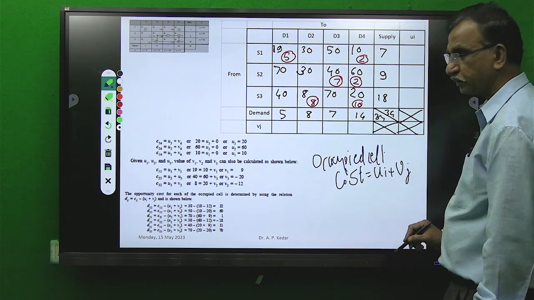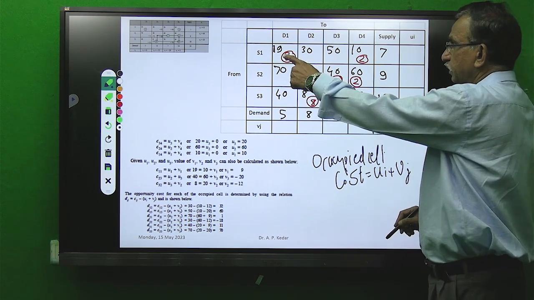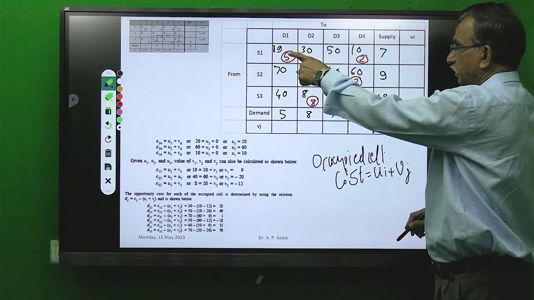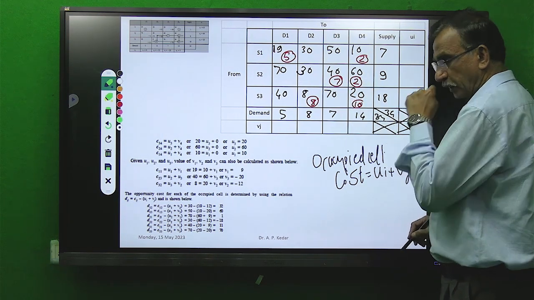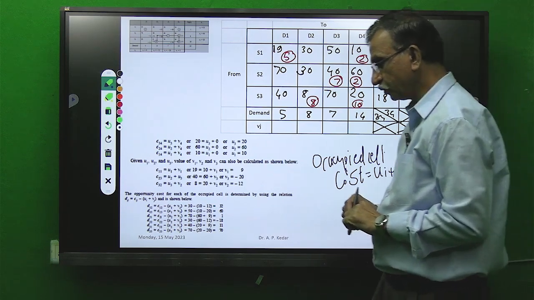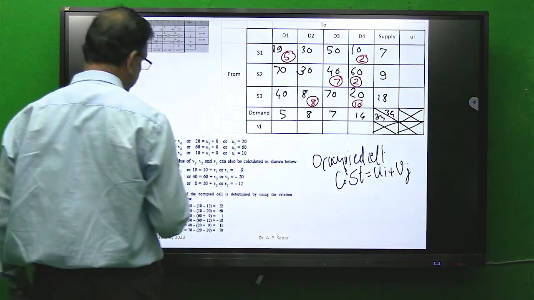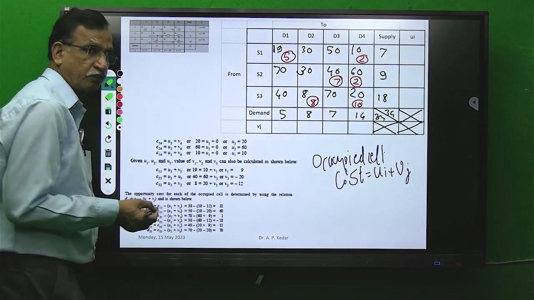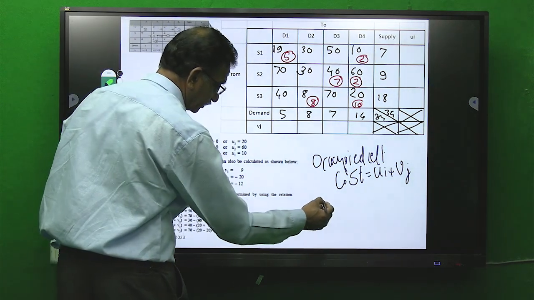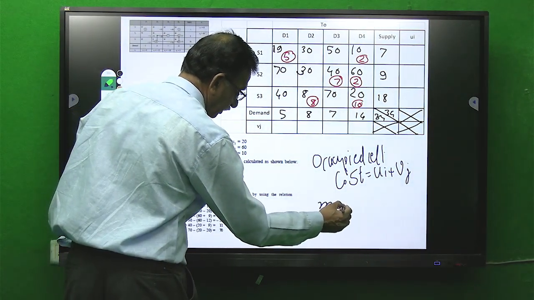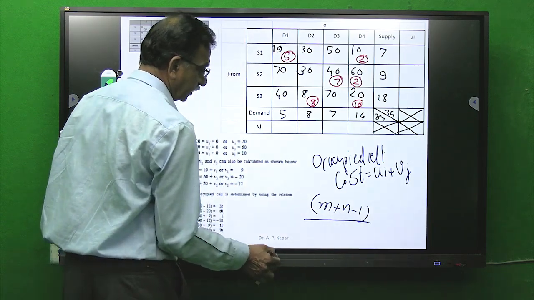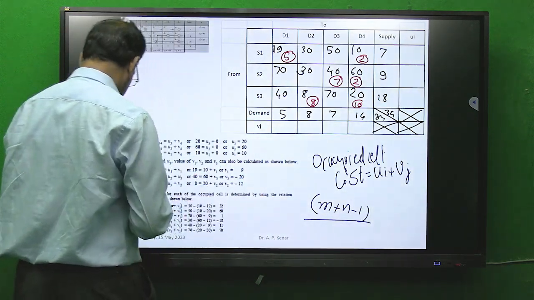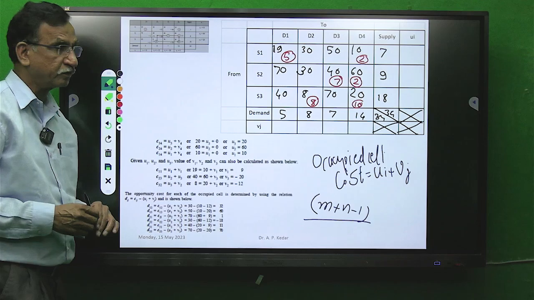So these are the occupied cells, 1, 2, 3, 4, 5, 6. Before that, when optimizing this, we first have to check whether the number of allocations is equal to m plus n minus 1. If this is satisfied, then only we can go for this optimization concept.